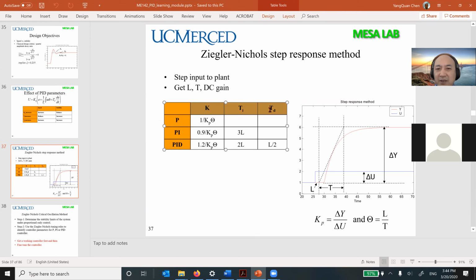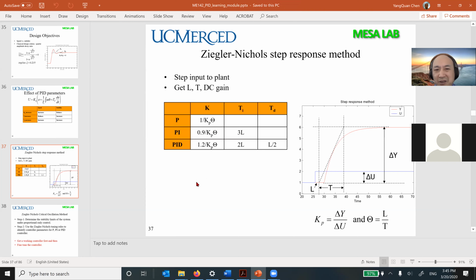Deciding these three parameters is called PID parameter setting. You know the structure of the controller, but you don't know the parameters. So we need to answer what do you want and what do you know about the system?